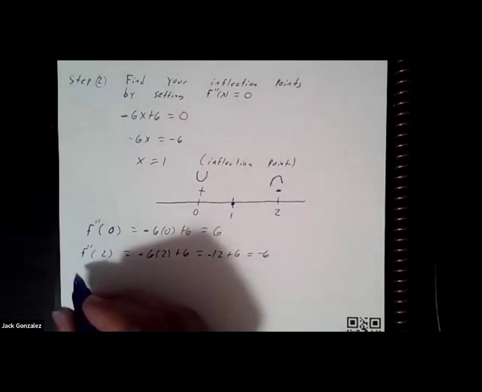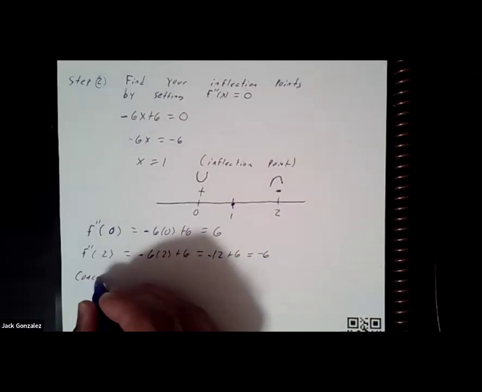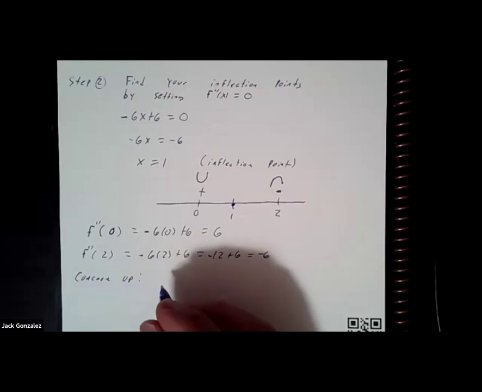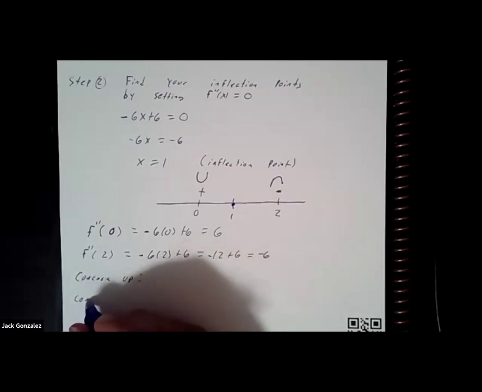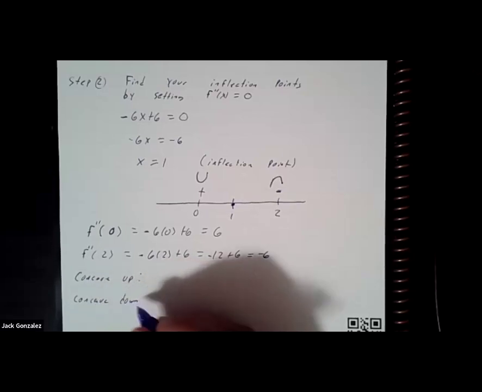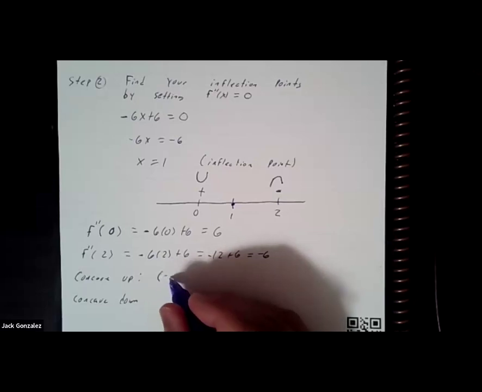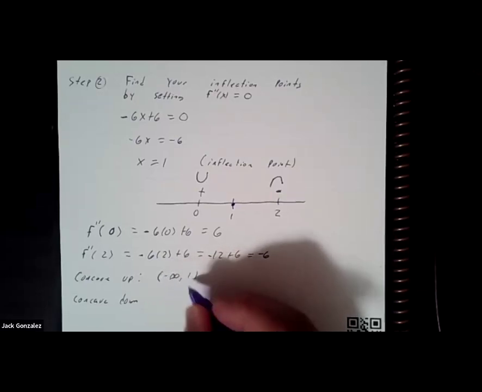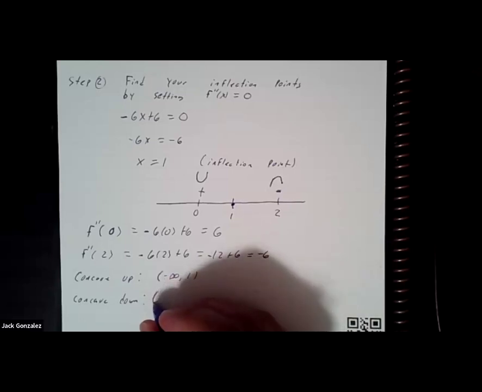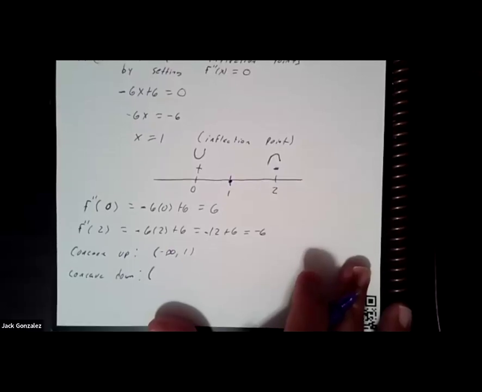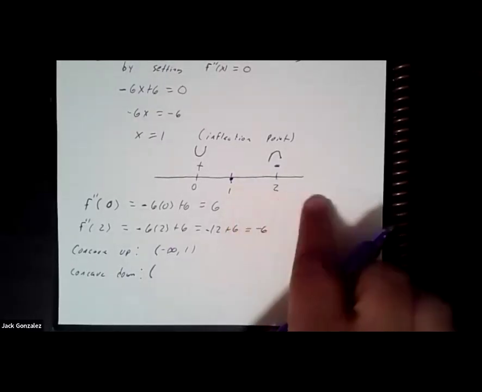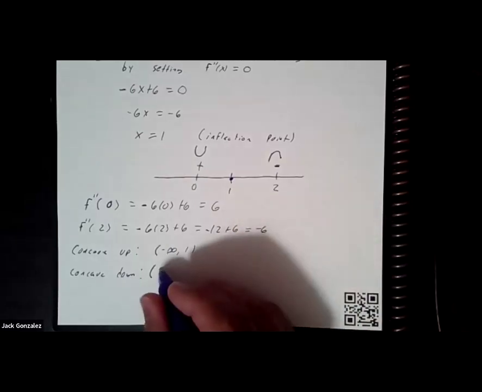So answer the question: what is the interval to be concave up? Negative infinity to 1. Concave down would be 1 to infinity.